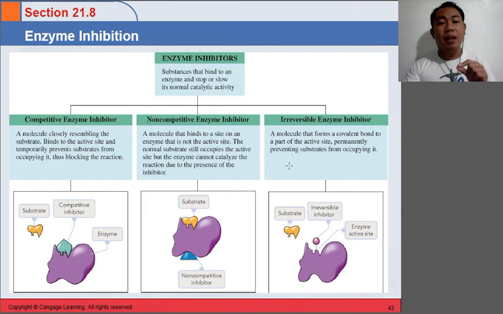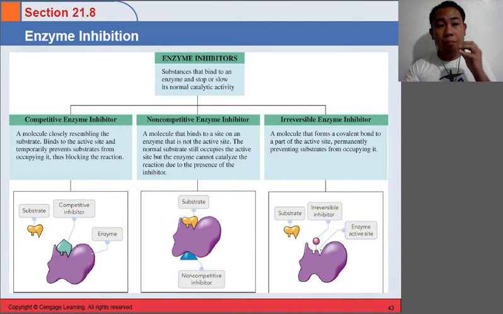The third one, we have the irreversible enzyme inhibitor. The irreversible enzyme inhibitor is a molecule that forms a covalent bond to a part of the active site, permanently preventing substrates from occupying it. It is not a competitive inhibitor, but it is said to be irreversible because this molecule forms a covalent bond on part of the active site.